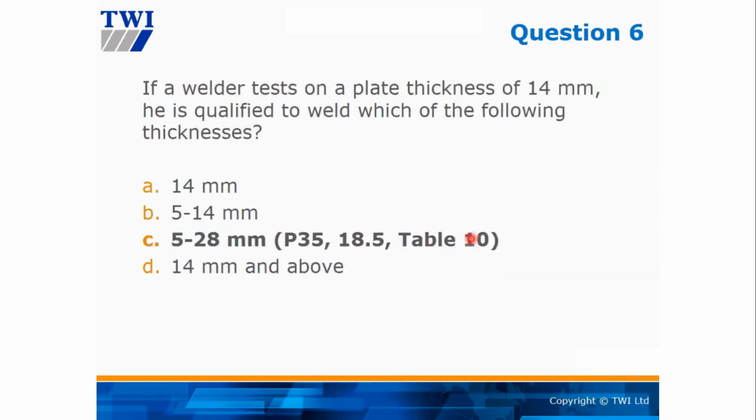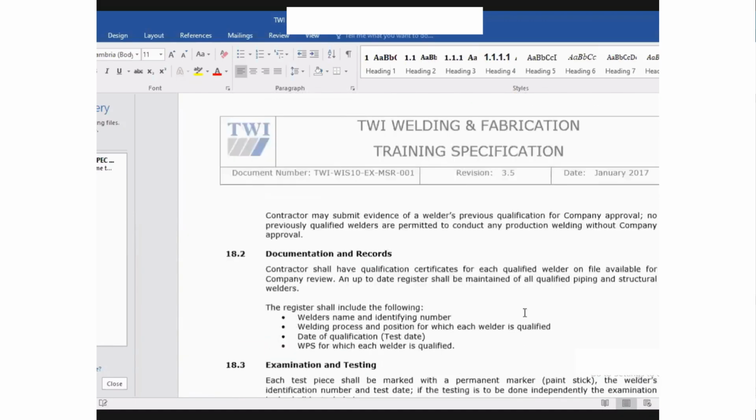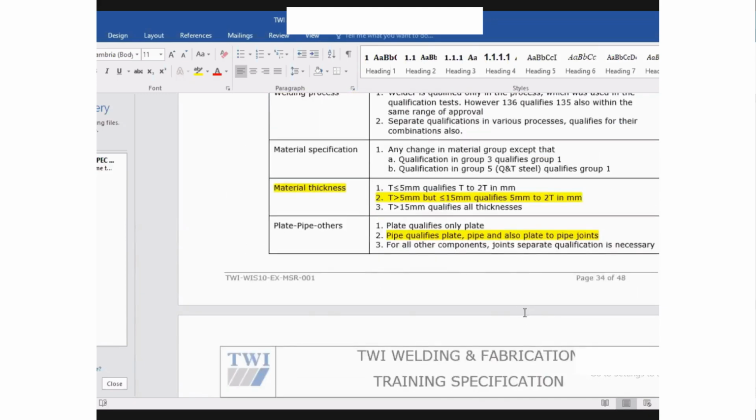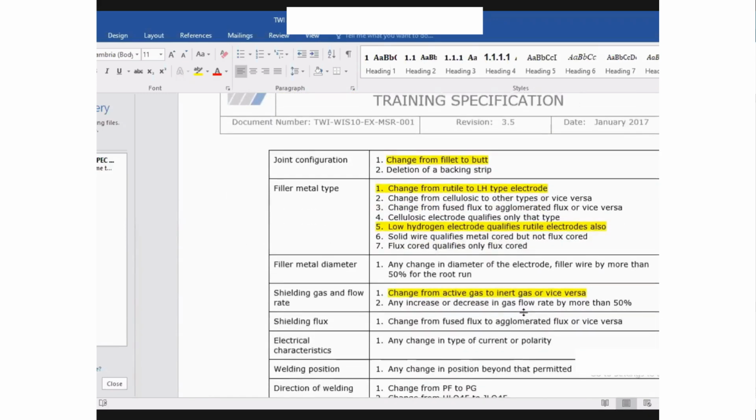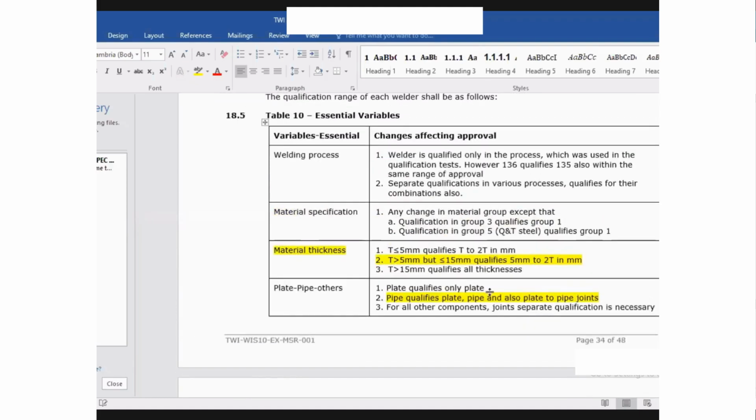All right. 6. Welder test on plate thickness 14 mm. He's qualified to weld which of the following thickness? All right. Page 35, table 10. I think this one under essential variable, table 10 here.